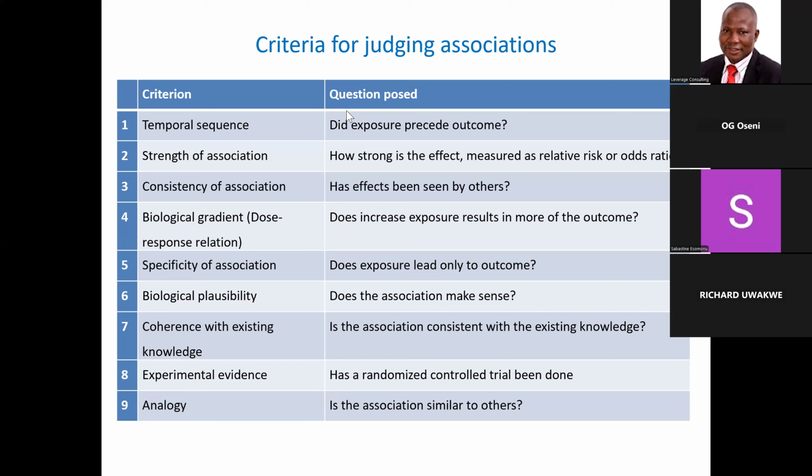Now, biological plausibility, number 6. This one just talks about whether the association makes sense. Someone can just do statistics. Statistics is just an instrument. And you, as a doctor, from your experience, does it even make sense? Because an association can just happen spuriously. So based on your level of experience, does it make biological sense?